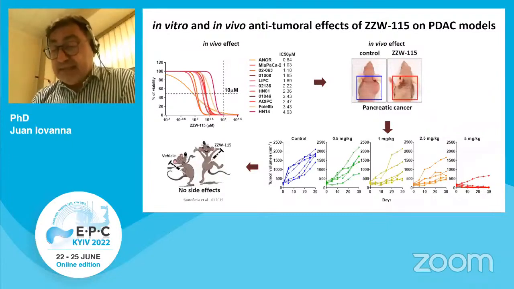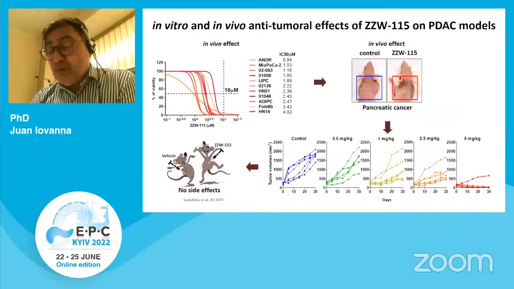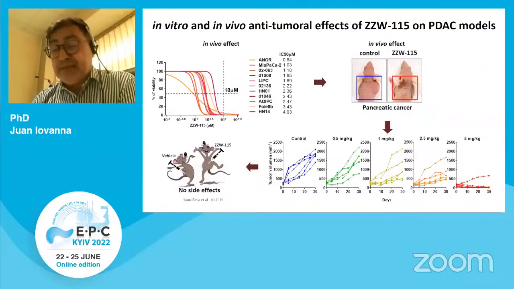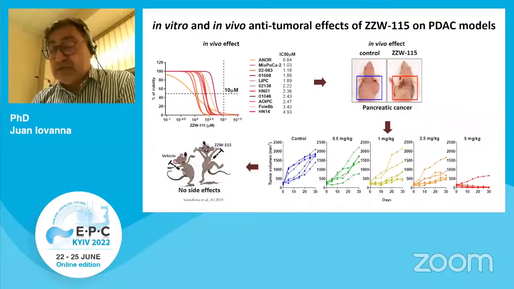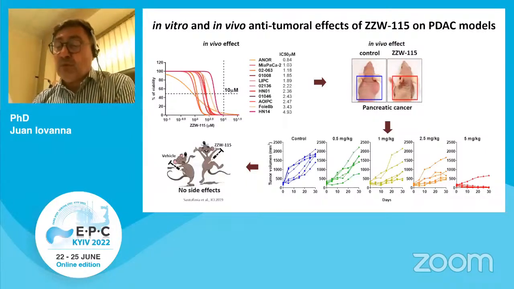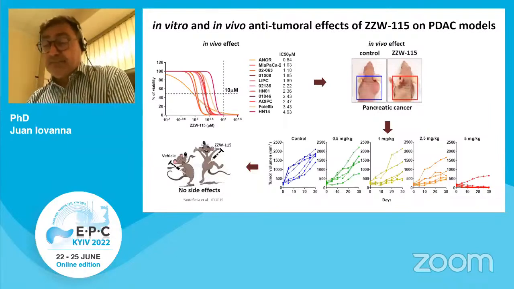We have evaluated the anti-cancer activity of ZZW115 on 10 primary cells derived from PDAC and a commercially available cell line, MIAPACA2. By treating these cells with increasing concentrations of ZZW115, we observed that the EC50 is around 1 to 3 micromolar.